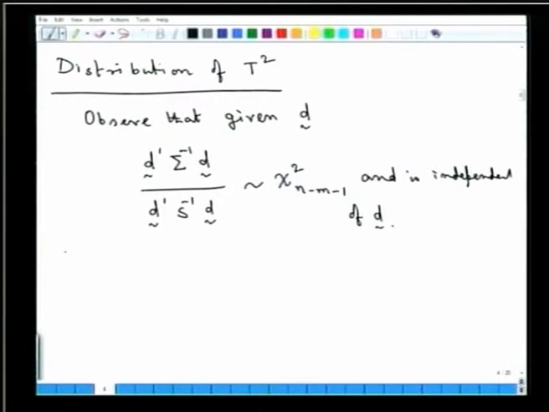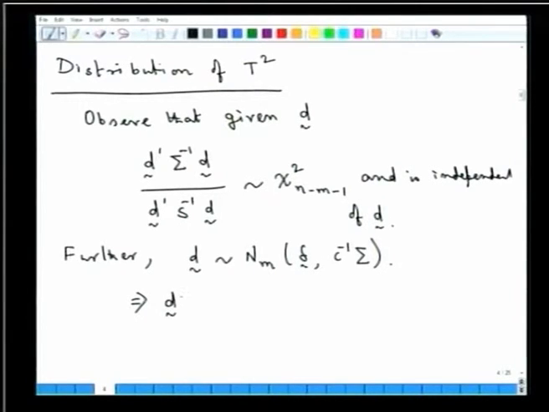Now further, we have this D random vector to have a multivariate normal distribution, multivariate normal with mean C delta and covariance matrix C inverse sigma, where C is a scalar constant, remember. Now, from the results of the quadratic forms associated with a multivariate normal distribution, what we can say is the following: this D prime times the inverse of the covariance matrix C inverse sigma, multiplied by D, what distribution does this have?